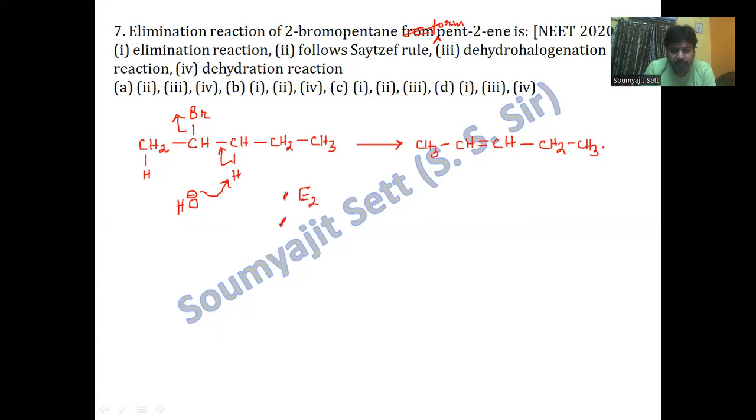First point. Second point, the product is the Saytzeff product, and here dehydrohalogenation will occur.